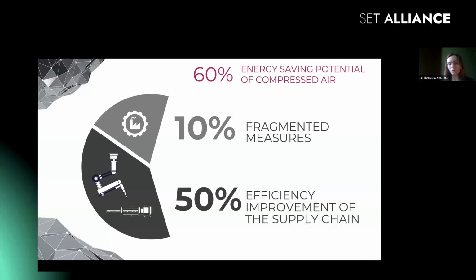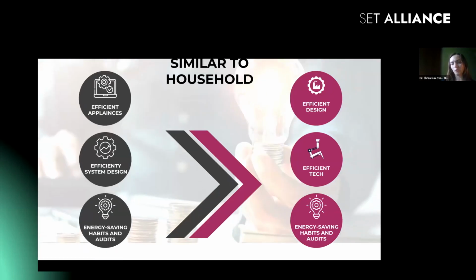So from the distribution to the generation, and that we take efficiency holistically. This is why energy efficiency of compressed air systems, and not just of the compressor room, becomes extremely important, extremely promising, but at the same time, a very complex topic.